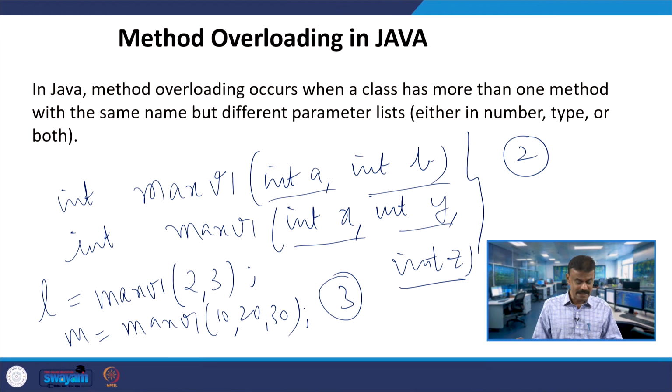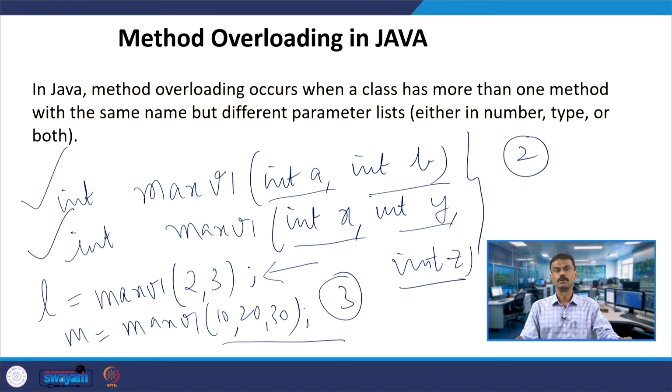When you are calling max v1 2 comma 3, this one will be chosen, and when you are passing max v1 10 20 30, this one will be chosen. How is this decided? During compilation time. That is why it is called compile time polymorphism or static binding, and in Java this is called method overloading.